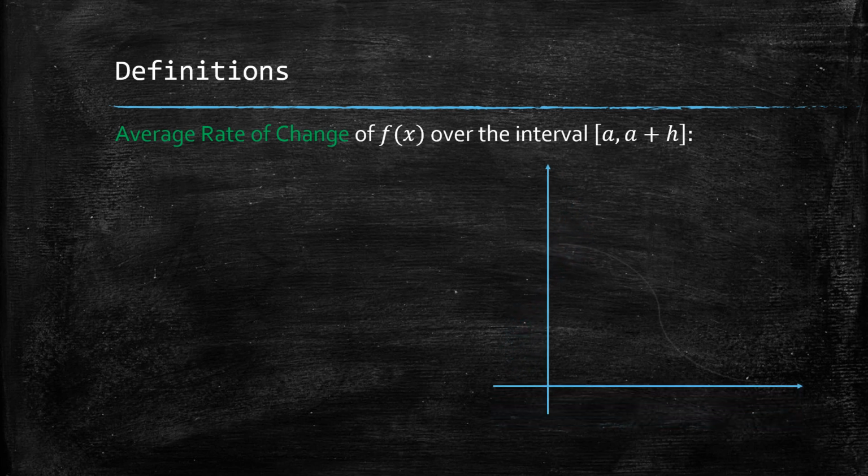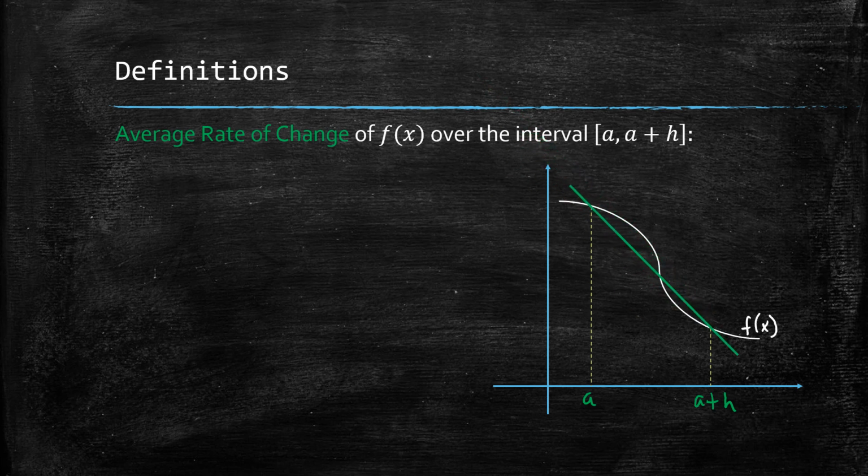So let's get a sketch of our function. This is f of x here, and let's indicate a and a plus h. We'll make this a, and we'll move a little further along. Remember, h is just supposed to be a little bit, but we've spaced it out here so we have room to draw. The average rate of change over that interval, how do we calculate that?